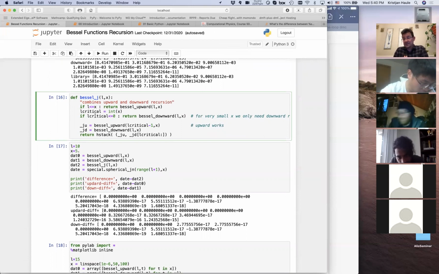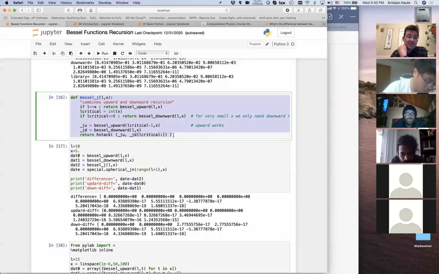That's where we need to break the series from upward to downward. Okay, and this code basically does exactly that. It uses upward recursion where upward recursion is stable, and downward recursion where downward recursion is stable. And it kind of glues together the two.